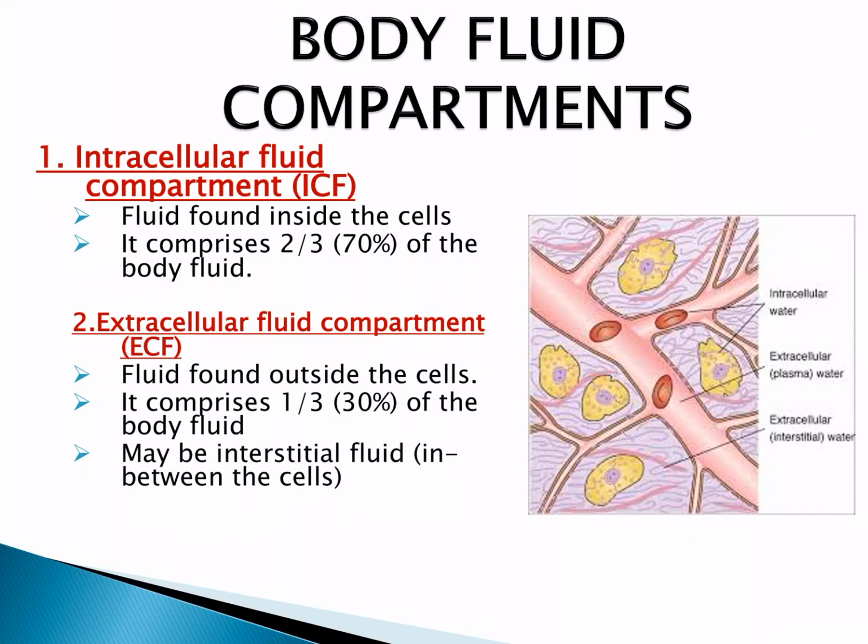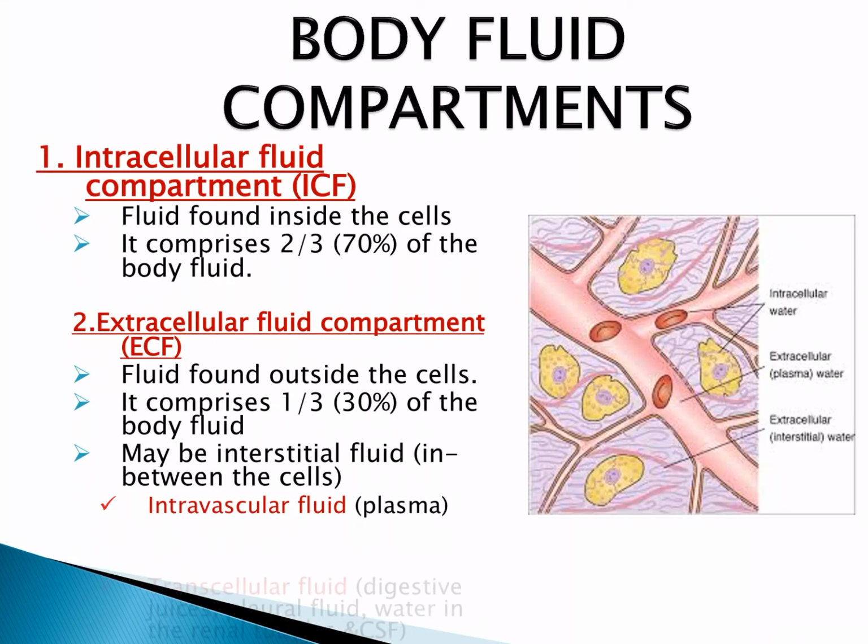So it can be classified into three. It can be an interstitial fluid, which means that this fluid is found in between the cells. We also have your intravascular fluid or your plasma. It is found in your blood components, so basically, it is found in your blood vessels.